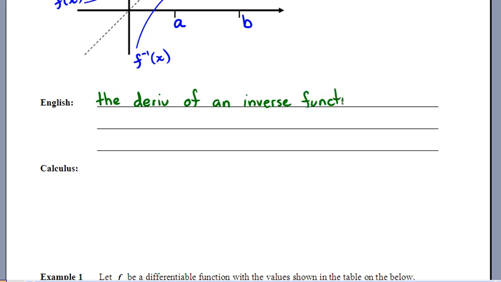That's our goal, right? How do you find the derivative of an inverse function? Well, it's equal to the derivative of the other function. So here's my first flip.